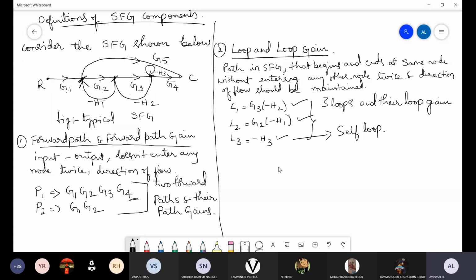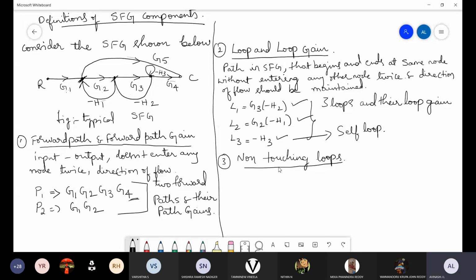Now we will go to the next thing, that is, write down non-touching loops. Loops, you already know what is meant by loops. Non-touching loops means what? The loops which are not touching each other. Clear?